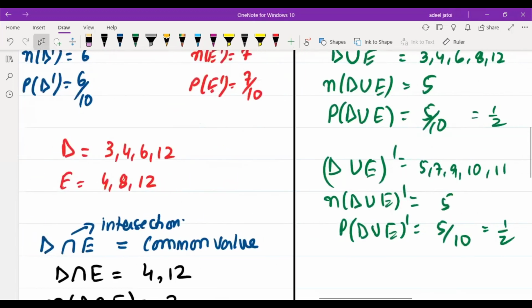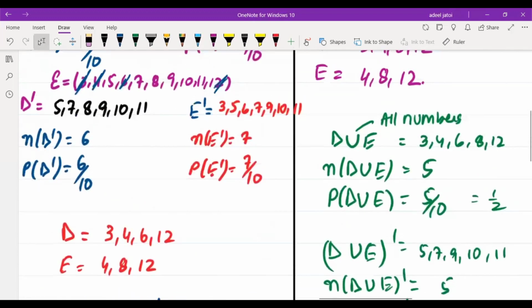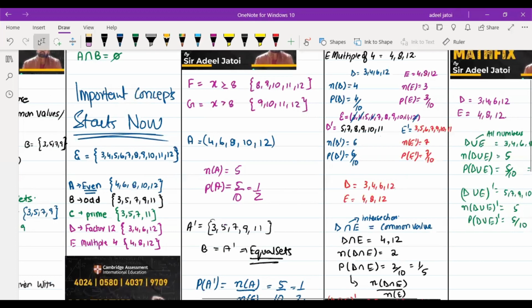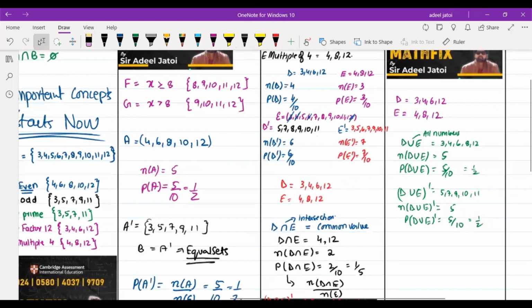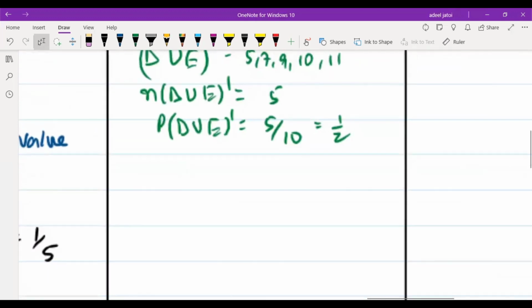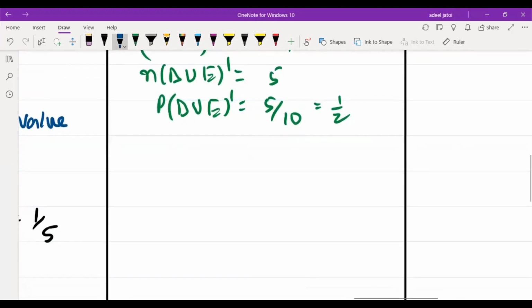Sometimes the set can be different as well. Let's take another example of a set, because some questions normally refer to this.